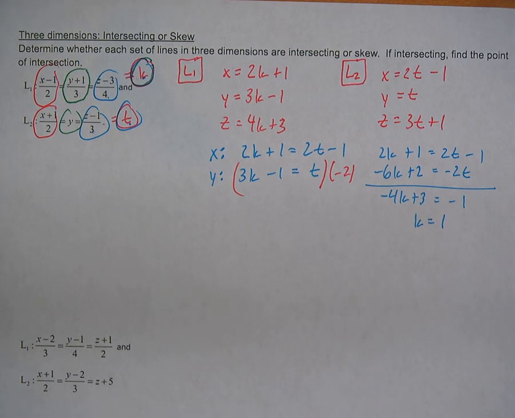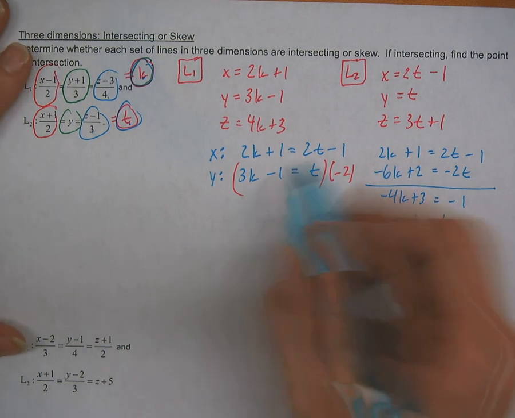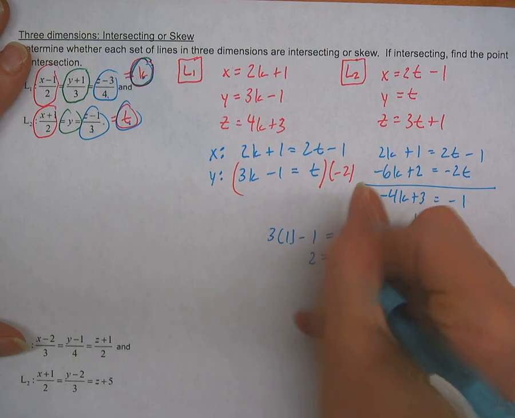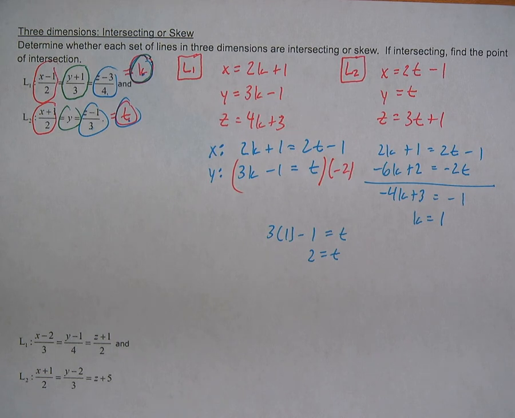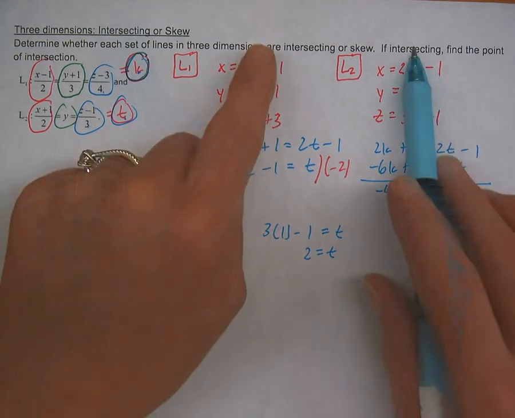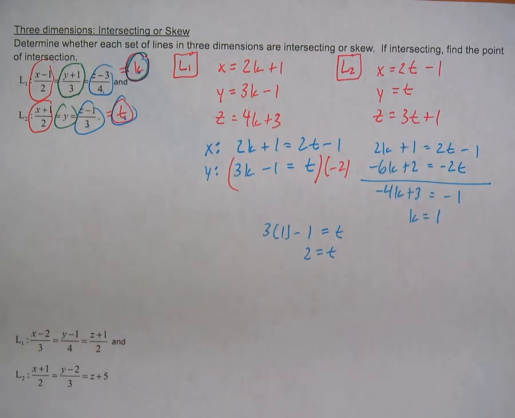Okay, so k equals 1 on that. Now I need to find t. So I'm going to plug k equals 1 into one of these. So t is 2.